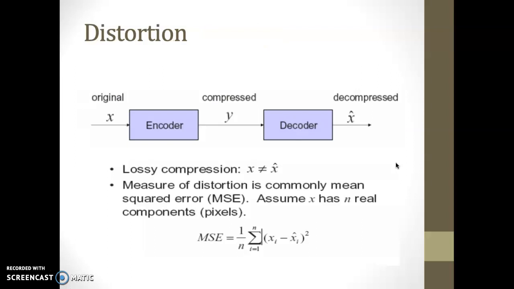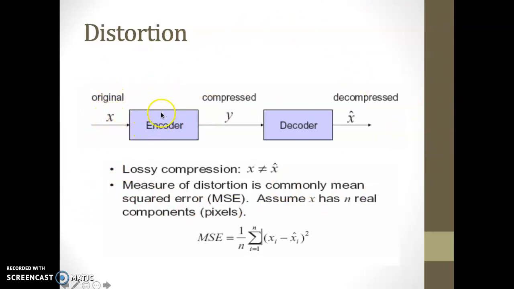In lossy, the problem is that you will create a distortion. Of course there will be a distortion because you have already reduced much, where the compression ratio is high, so you will not get the same as the original. For example, this is the model of lossy, where you will encode.